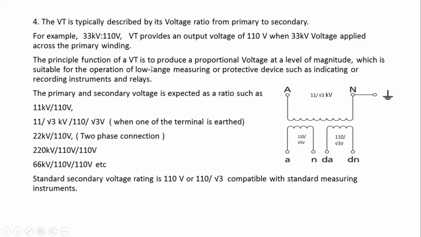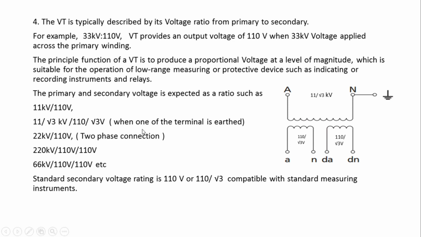The principal function of a VT is to produce a proportional voltage at a level of magnitude which is suitable for operation of low range measuring and protective devices such as indicating or recording instruments and relays. The primary and secondary voltage is expressed as a ratio such as 11 kV by 110 V, 11 by root 3 kV by 110 by root 3 V.